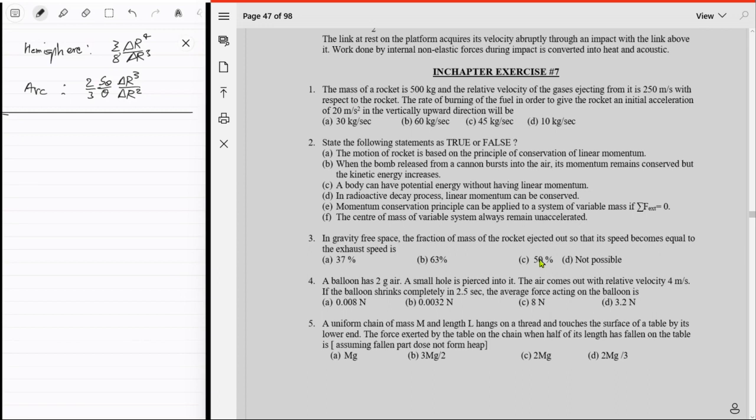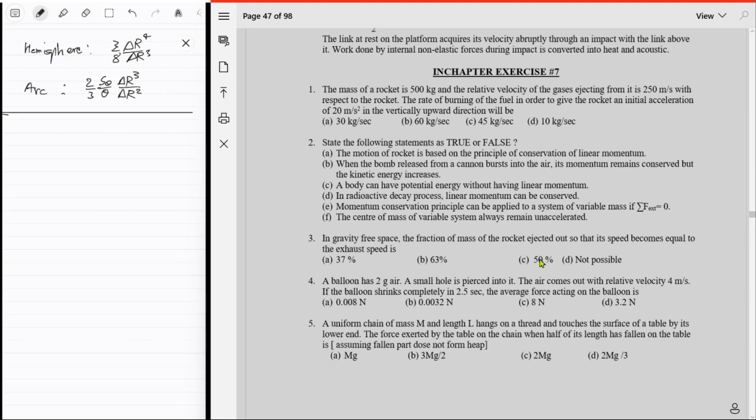Anyway, for this case, we're not even using the system. We're just saying that Newton's third law says that momentum given to one body is opposite momentum given to the other. You get the thing, right? So every time you put a momentum on these gas particles, you have to put an opposite momentum on the rocket.